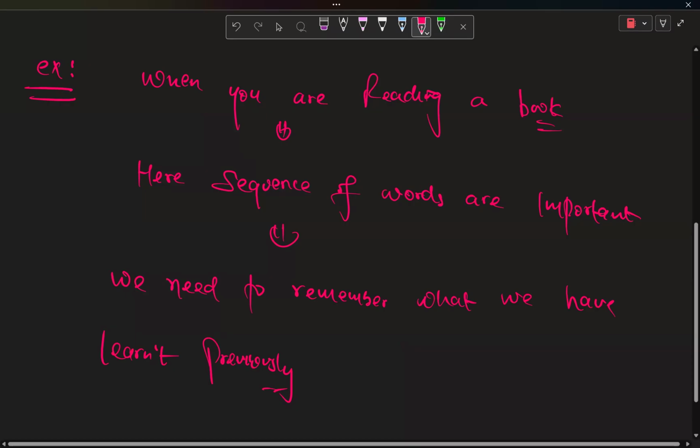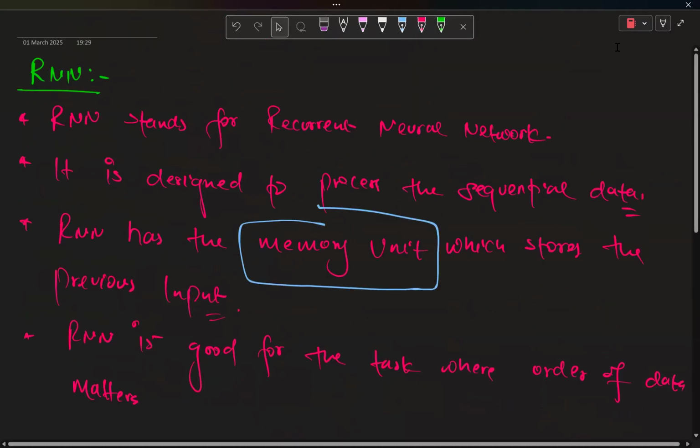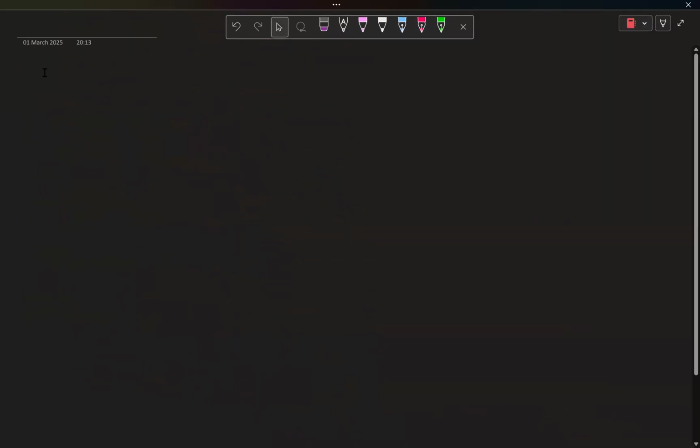So two main things: it takes the sequence of data, and second, it stores the previous input in a dedicated memory unit that RNN has. In CNN and ANN, there was nothing called a memory unit. That's the basic definition. Let's talk about some use cases. What kind of use cases does RNN have?